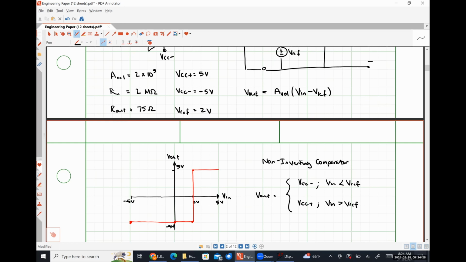So one place that this is very often used is in what are called zero crossing circuits, where a zero crossing circuit effectively just tells you whenever your input signal crosses zero. So the output goes high when your signal gets larger than zero, and it stays high until your signal falls below zero.